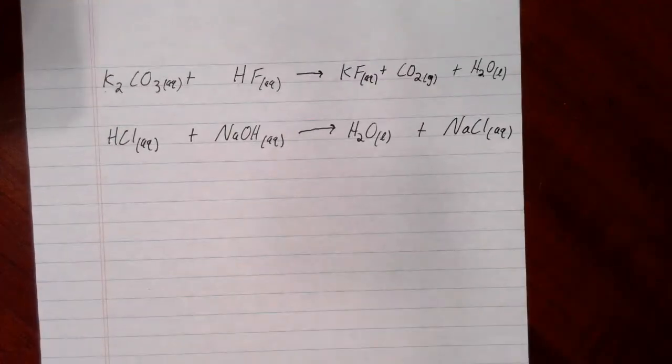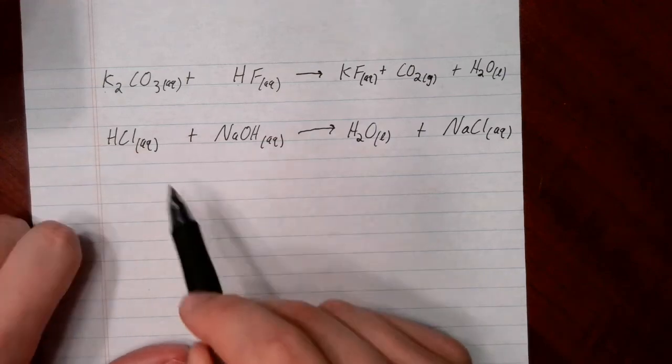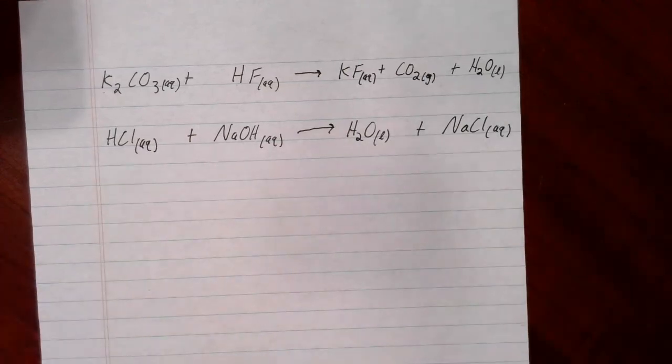So an acid plus a base yields water plus a salt. This is called a neutralization reaction. This is the classic acid-base type reaction that we'll look at in the spring. For now, just be aware that it does exist. You can probably see how the hydrogen and sodium switch places, and instead of writing HOH, we just write H2O.